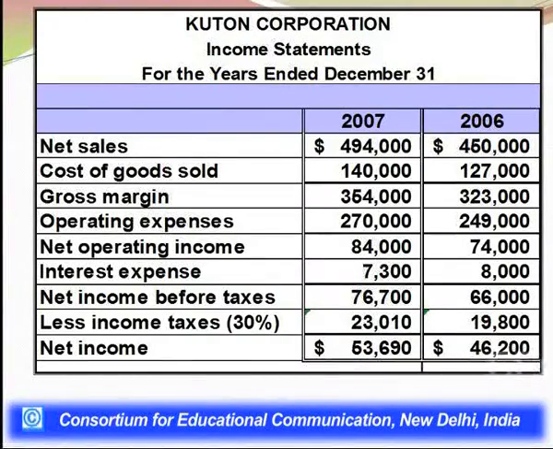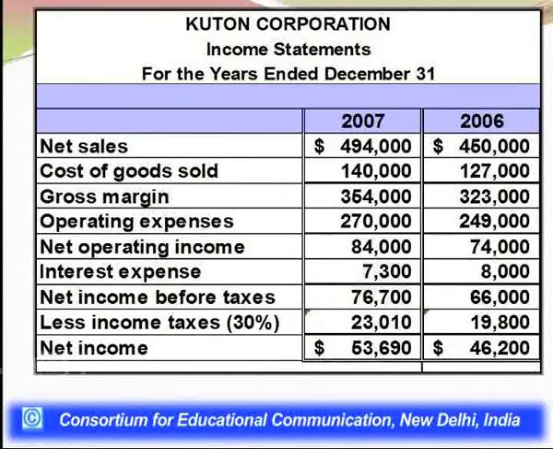So we will be referring to the slides you saw in the beginning, showing the amount of profit, the cost of goods sold and gross margin. Have a look at the slide. We have gross margins for the company of 354,000, and net sales were 494,000.